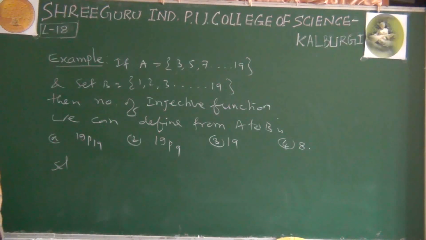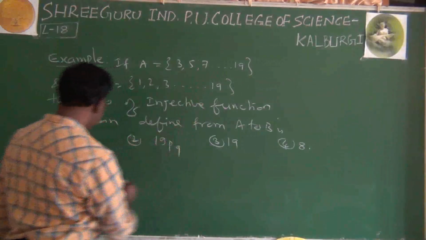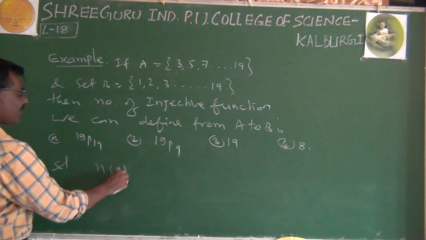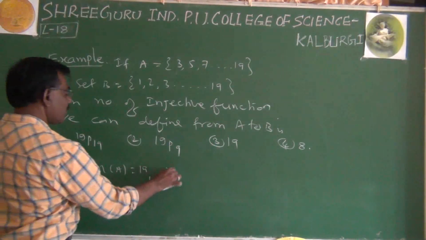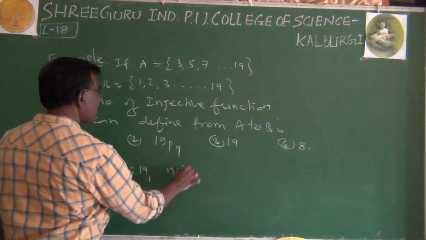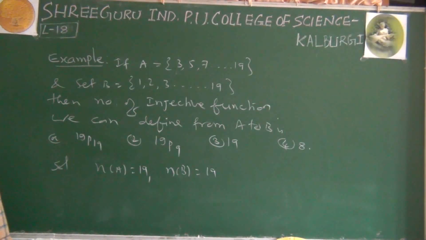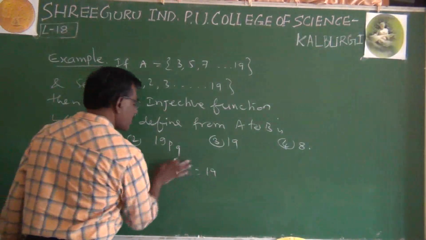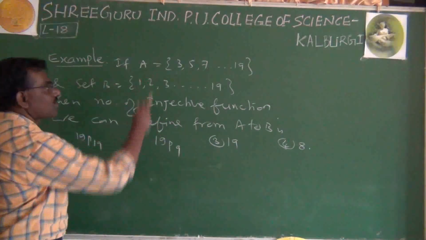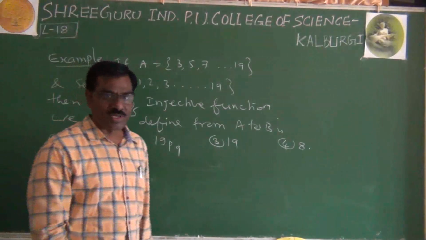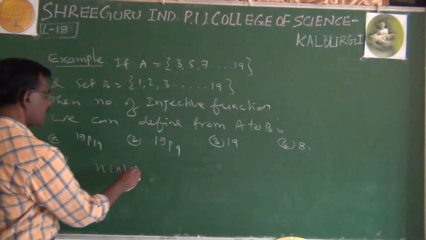Why? Because n of A is 19, n of B is 19, number of functions 19P19. Be careful, my dear students. So these are all the numbers.